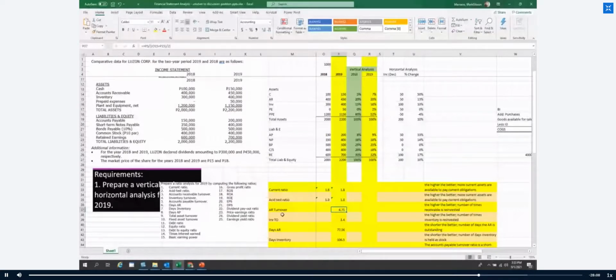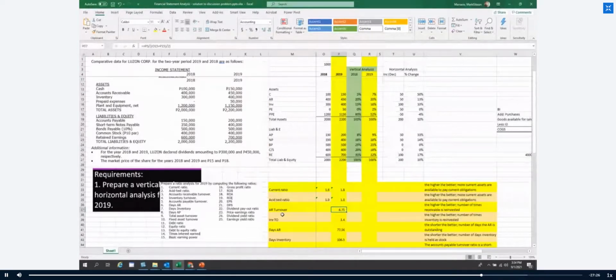Remember, class, in financial ratio analysis, in order for this to be beneficial, you have to compare it with companies within the same industry. So, for example, this is Luzon Corporation. Let's say Luzon Corporation is engaged with telecommunication na lang. So, say for example, it's the third player.